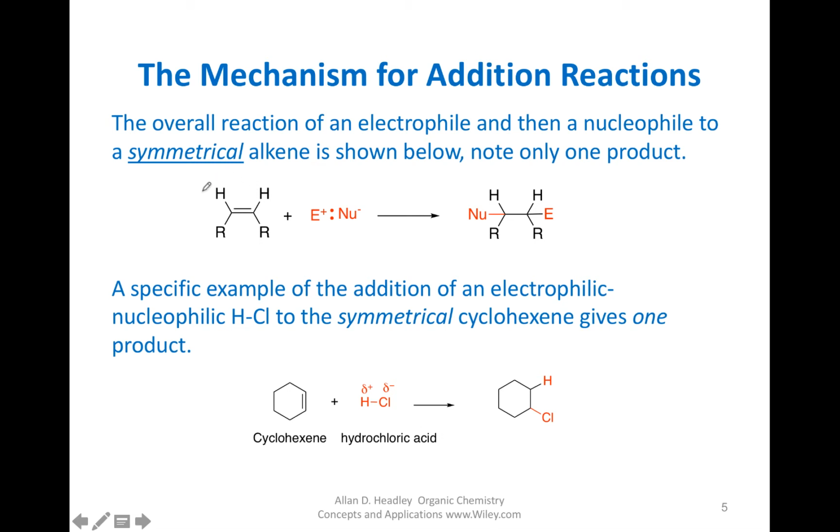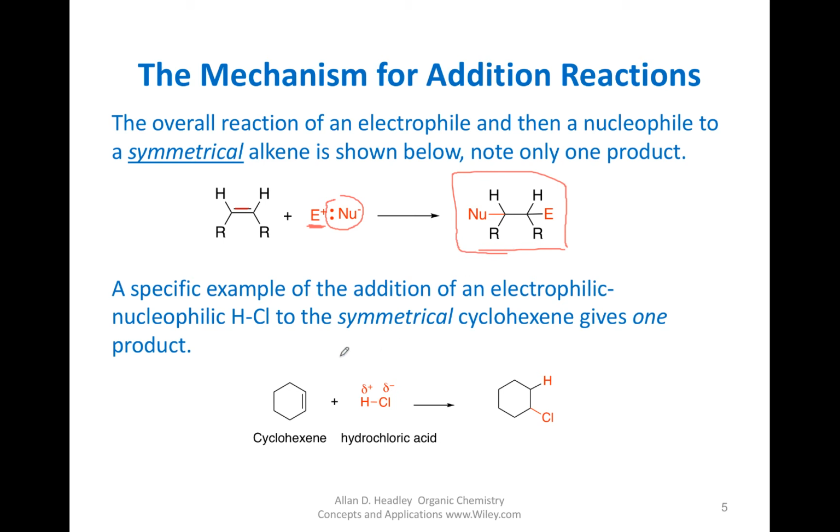This half is the same as that half. So these electrons here, which are nucleophilic, will react with the electrophilic portion of a molecule to generate the E plus, the carbocation, and then the nucleophilic portion will react to form the neutral molecule. So this is your predicted product.